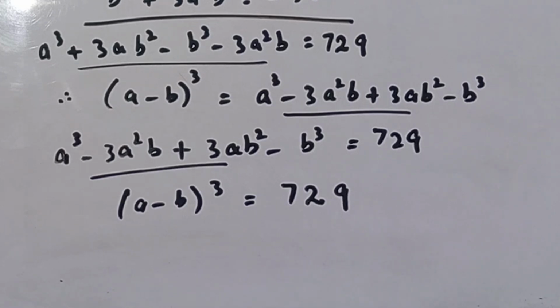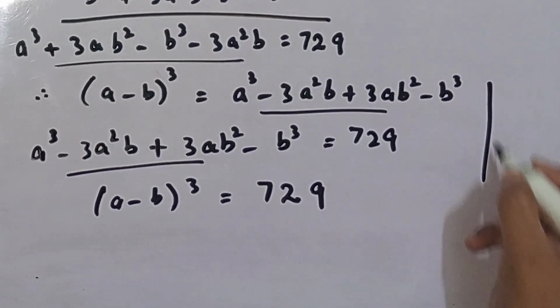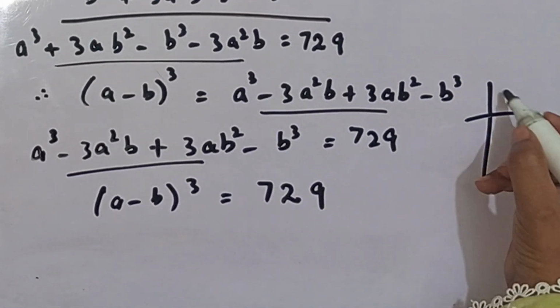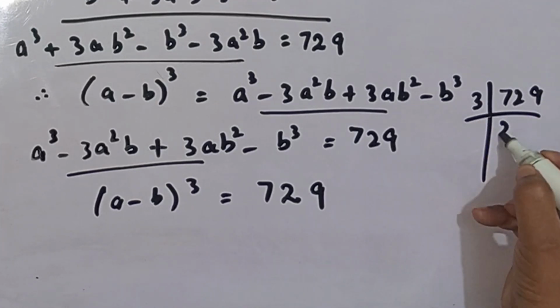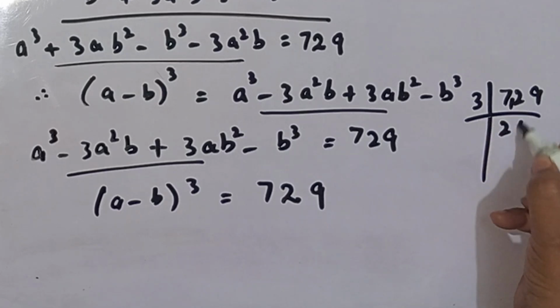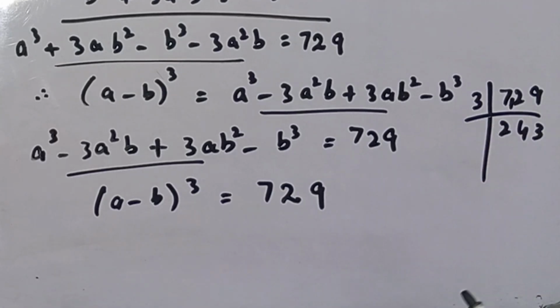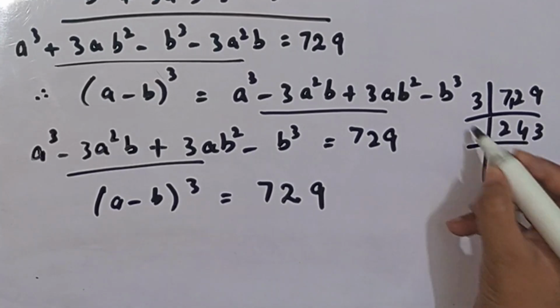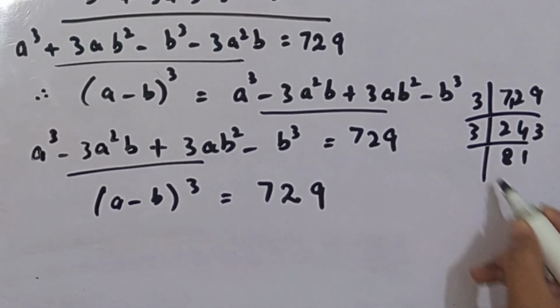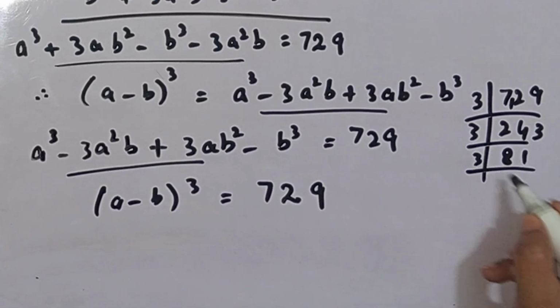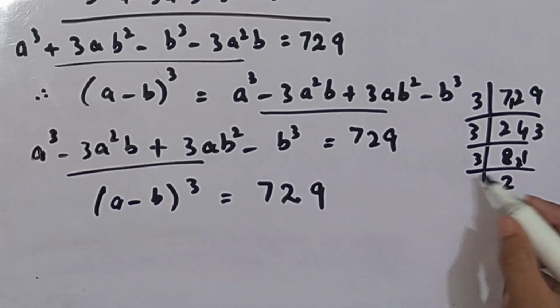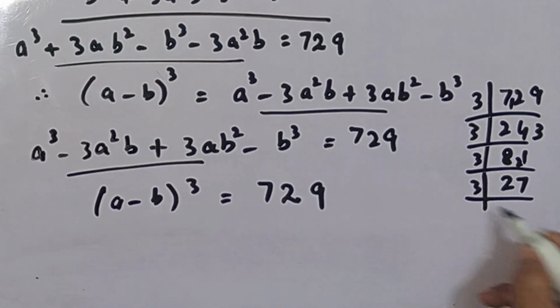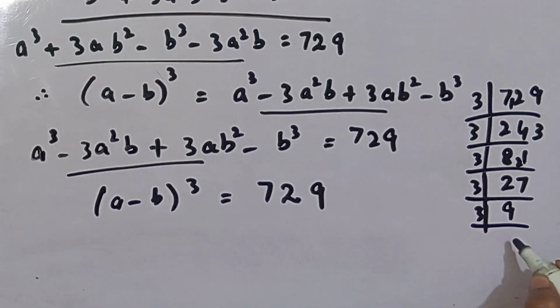We find the factors of this. 3 2s are 6, 3 4s are 12, and 3 3s are 9. 3 8s are 24 and 3 1s are 3. 3 2s are 6, and we get 21. 3 7s are 21, and 3 9s are 27. 3 3s are 9 and 3 1s are 3.